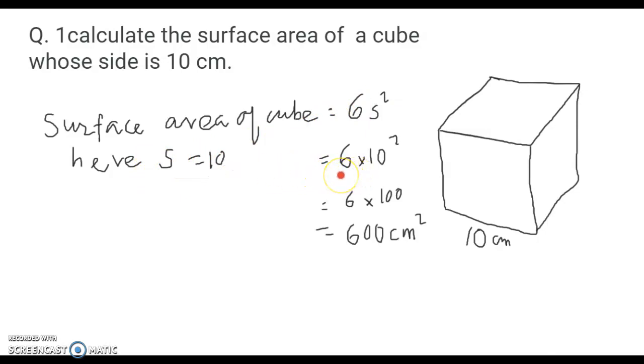So 6 multiplied by 10 square, that is 6 into 100, so 600 centimeter square. Don't forget this, the unit is always squared. For a line it is centimeter, for an area it is centimeter square, and for a volume it is centimeter cubed.